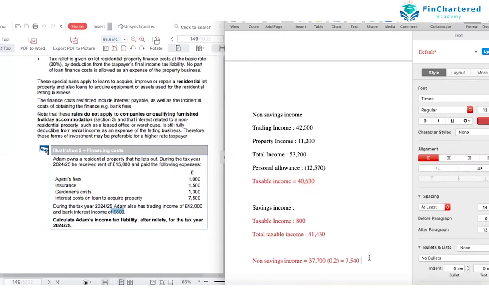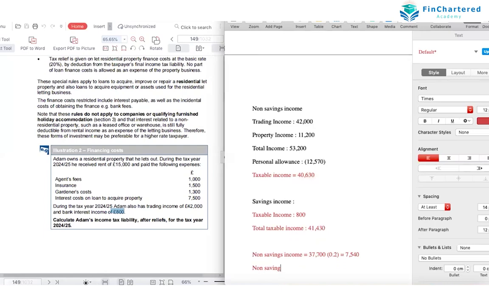So the remaining amount of non-savings income is 2,930, again taxed at the higher rate of 40%. So 40% of 2,930 will be 1,172. This is your non-savings income.